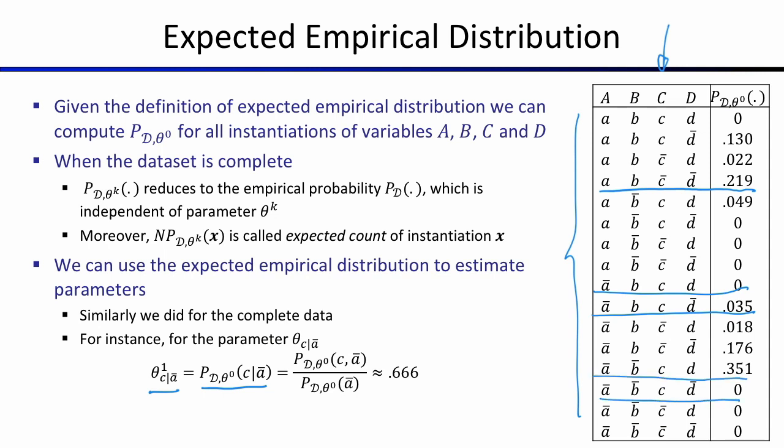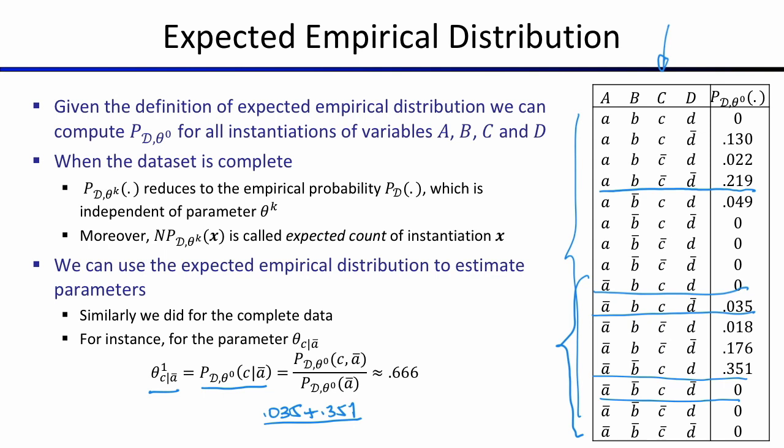So basically, we're going to have this ratio, and I'm going to eliminate the other variables, but at the end, we have this sum of 0 plus 0.035 plus 0.351 plus another 0 that I'm not going to write here. And we also have the probability of not A, and the probability of not A is expressed by those rows here.